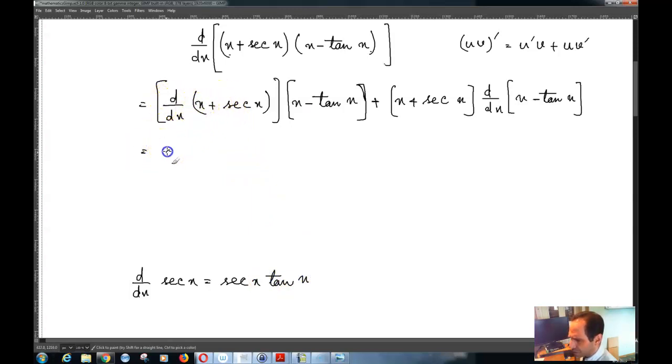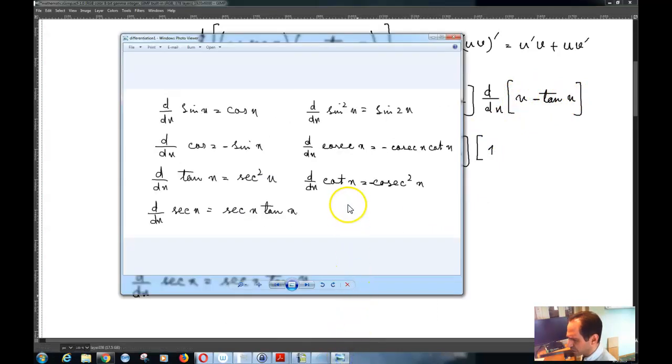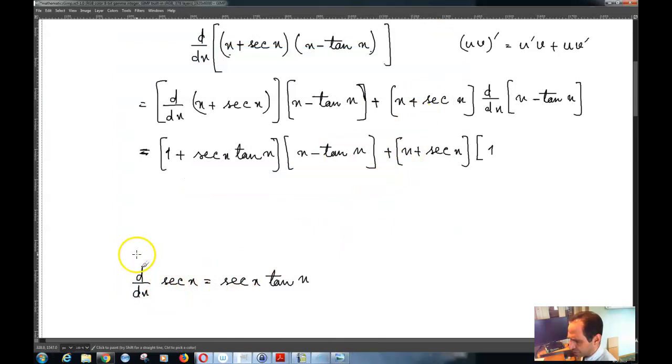So this you can write as 1 plus secant x tan x times x minus tan x, plus x plus secant x times d by dx of x minus tan x, which is equal to 1, and d by dx of tan x is equal to secant squared x. So that's 1 minus secant squared x.